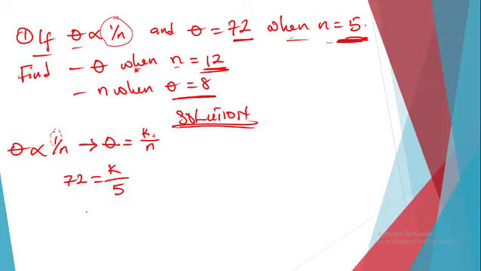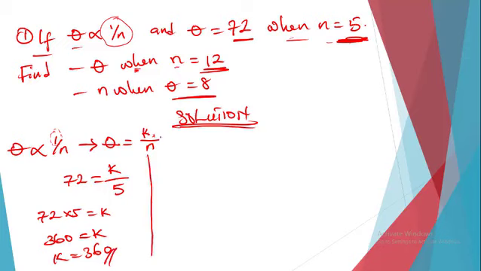Is that correct? Yeah, let's move on. 72 times 5 is equal to k. Now 72 times 5 will give us 360 to be equal to what? k. So our k is equal to 360. That's the value of our k, which is constant.